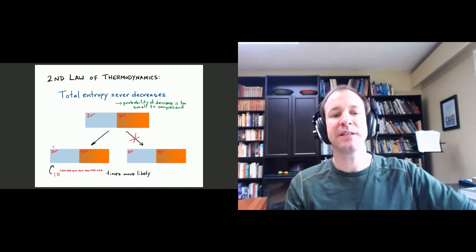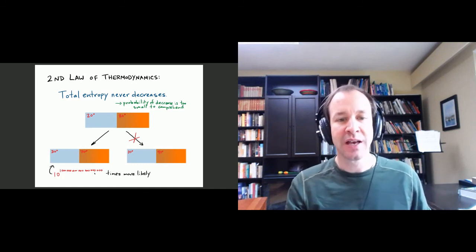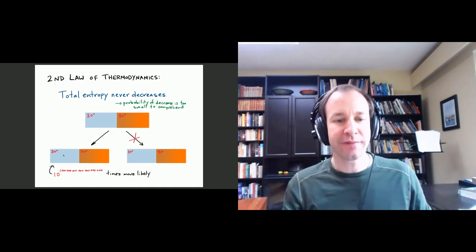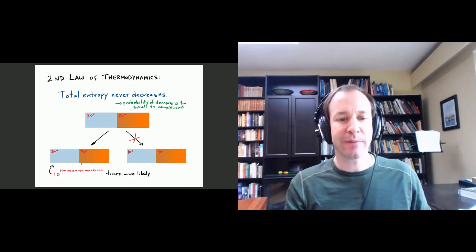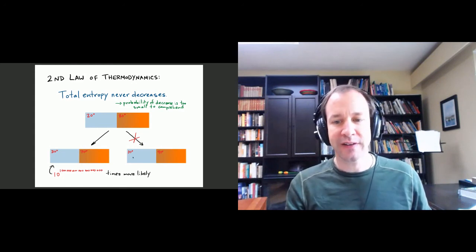So there's 10 to the septillion times more configurations of energy in a pair of bricks here with these temperatures than there are configurations of energy in a pair of bricks with these temperatures.